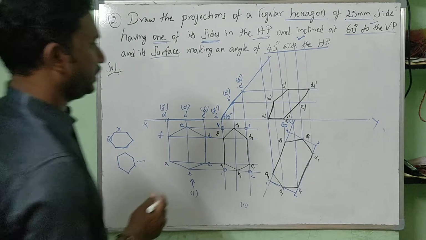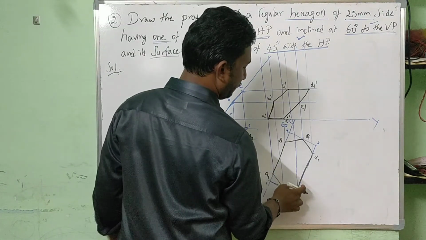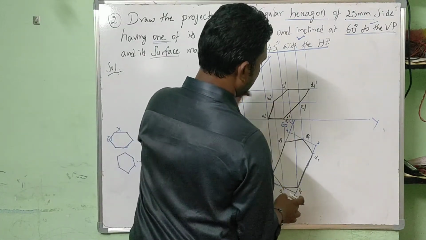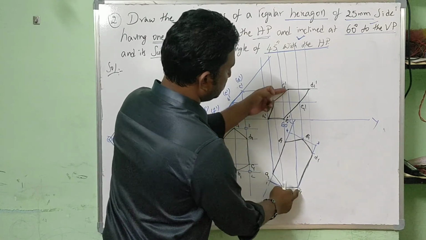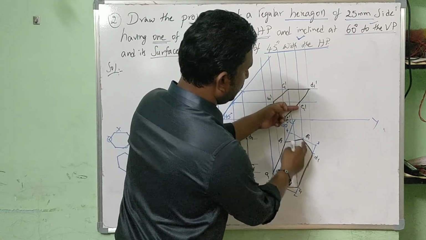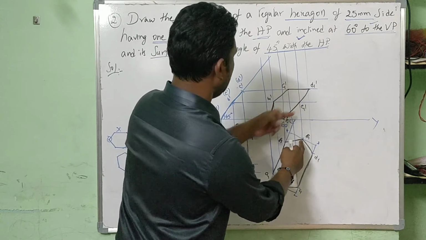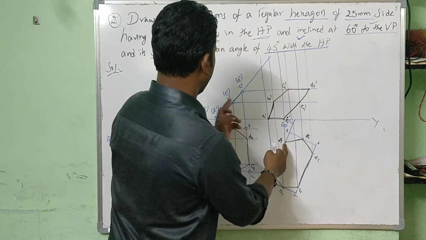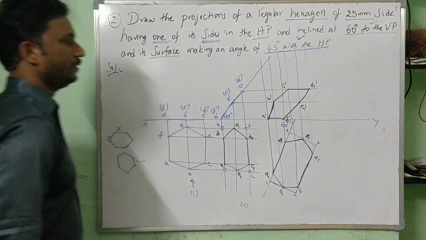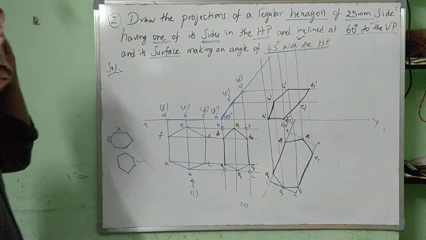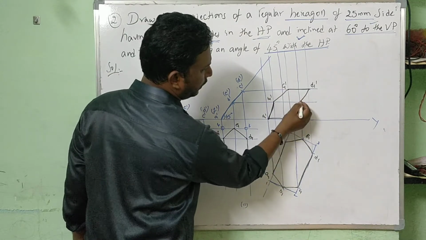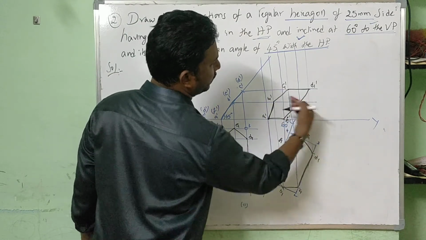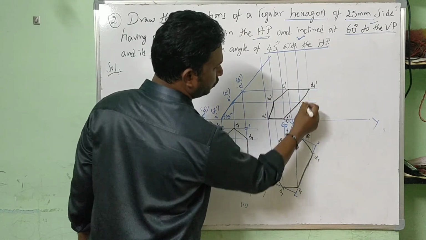I'm sorry, I did a mistake somewhere. Done. A, B, B, C, C, D, D, E, F, F. 1, 2, 3, 4, 5. Here I may get point here, little bit away, so that it will get up to here and there.